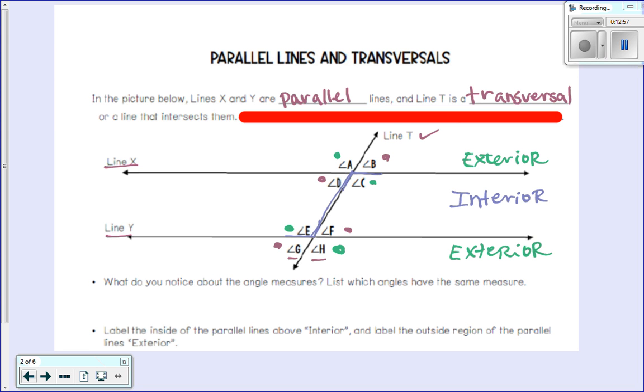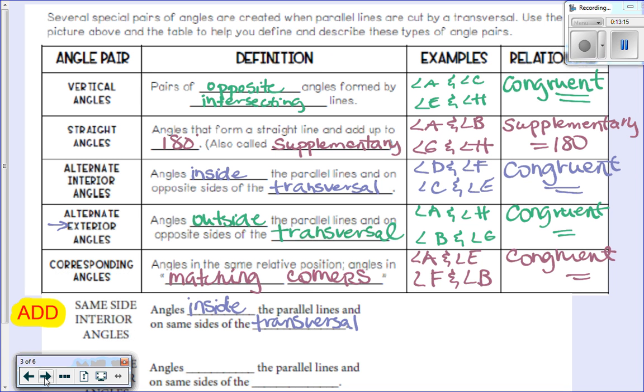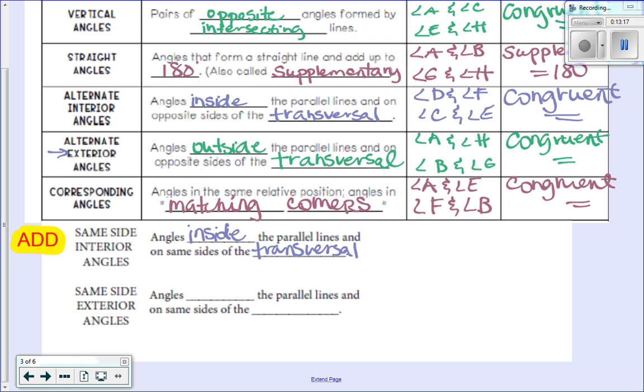What relationship is that? Are they congruent? They're what? Supplementary. Good. Notice, can you see that this is kind of an acute angle and this one's a little bit larger? So if you add them up, they equal 180 degrees. So they are supplementary angles.